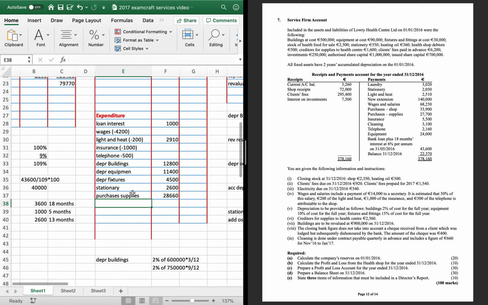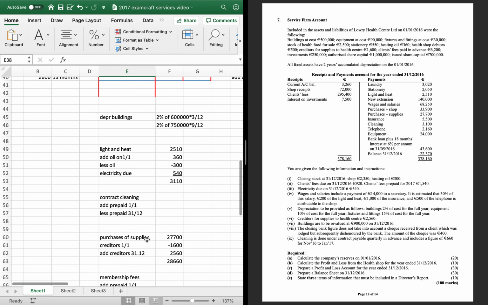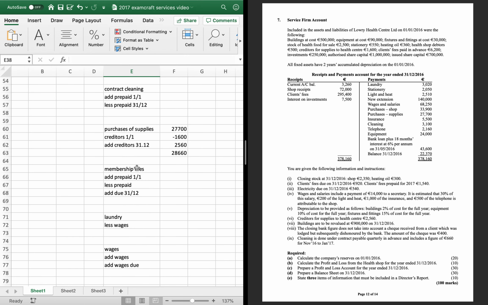Clients fees in advance. So big working. We've clients fees here, and there'll be a couple of clients fees at the bottom as well. So again, start with your clients fees from the main part of the question, which is 295,400. Clients fees in advance. So they paid us last year, but it is for this year. So it's a prepaid, so we add it at the start of the year.